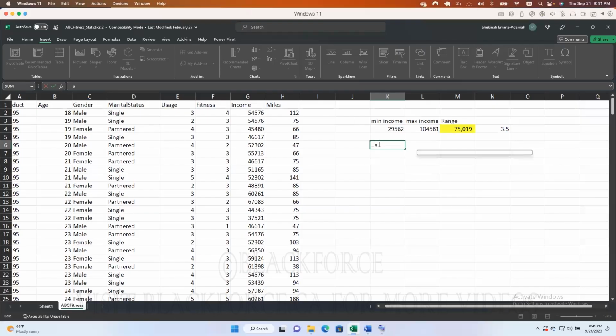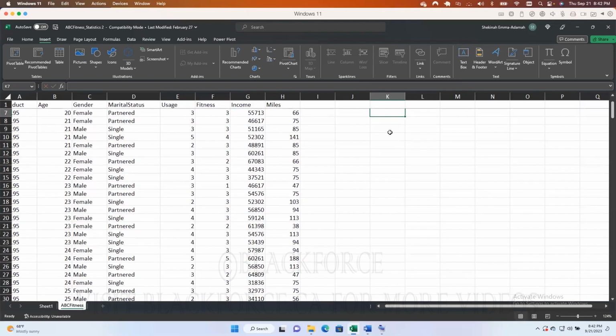If we want to get the average income, we're just doing average, and then you're selecting the range, right? If you want to go all the way down, you can just hold Control and Shift and the arrow down, enter.